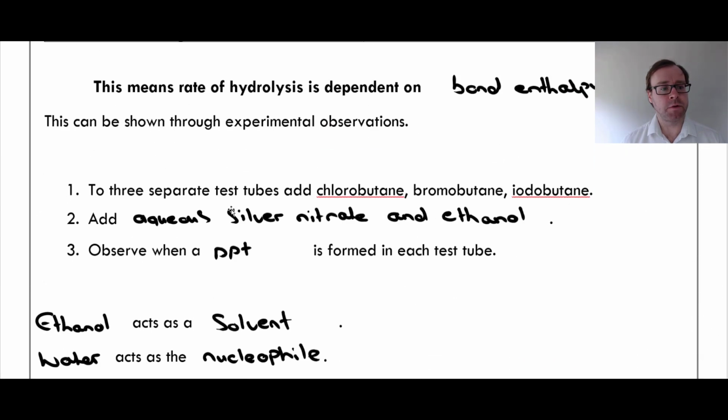So if we're doing this test to determine the rate of hydrolysis, we add aqueous silver nitrate and ethanol to 3 separate test tubes, and we see which precipitate forms first. Now we've said that the rate of hydrolysis increases down the group, therefore we will see our iodobutane precipitate form first, then bromobutane, then chlorobutane, because iodobutane has the lowest bond enthalpy between the carbon and halogen.